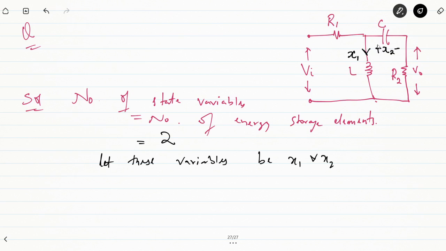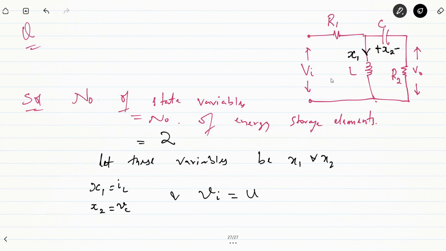You can take x1 as the voltage across the capacitor, you can take x2 as the current through the inductor. It is the same thing, there is no difference in this. So you have x1 as the current flowing through the inductor and x2 as the voltage across the capacitor. x1 is IL and x2 is VC, that's the voltage across the capacitor. And our input is nothing but U. Vi is your input voltage, that means it is U.